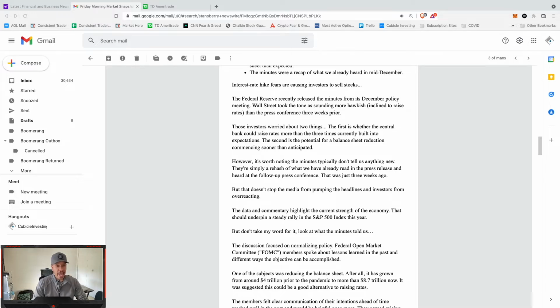Meaning that they're going to pull back on buying bonds and also mortgage-backed securities, right?